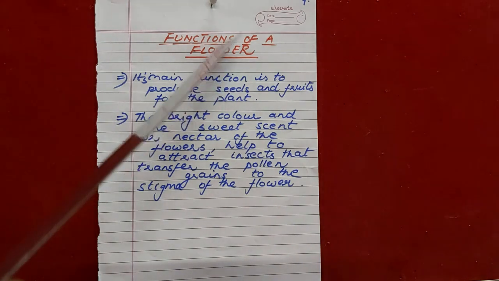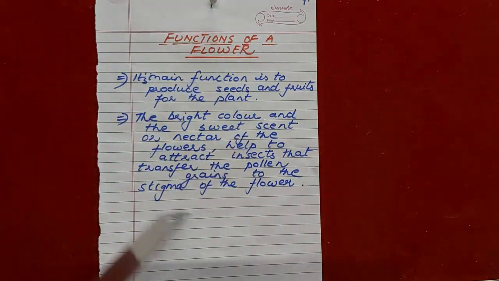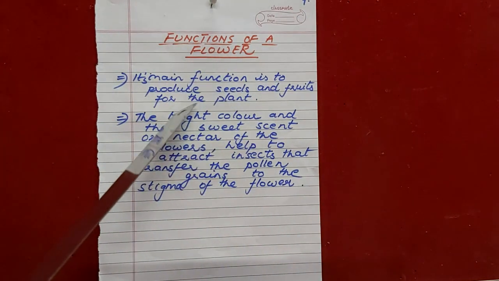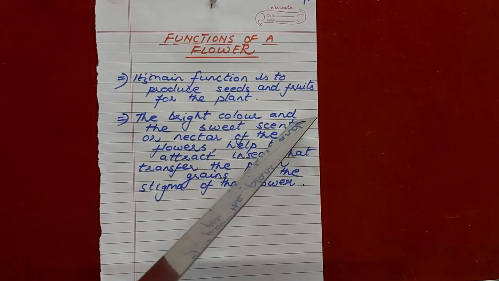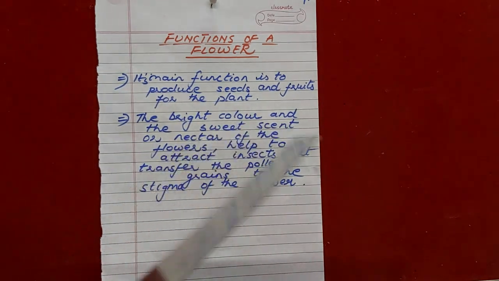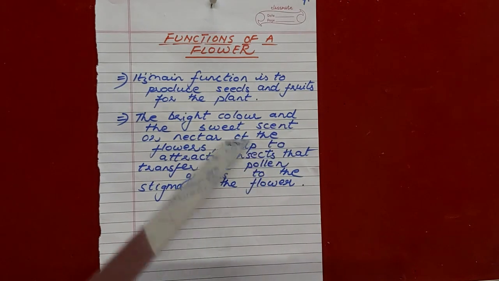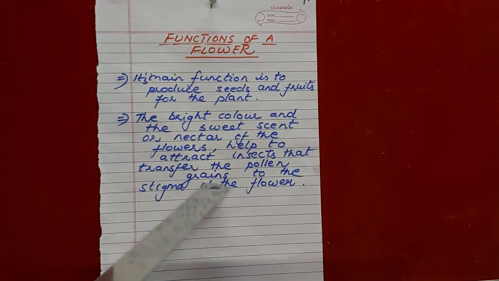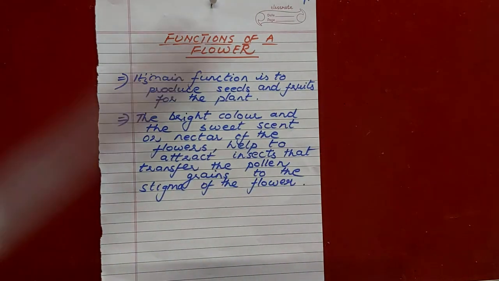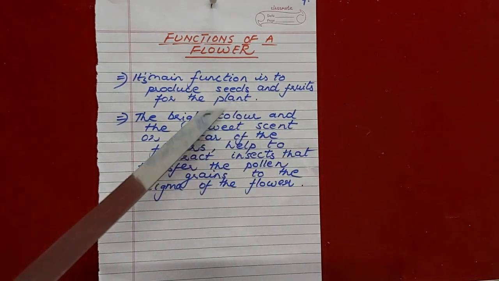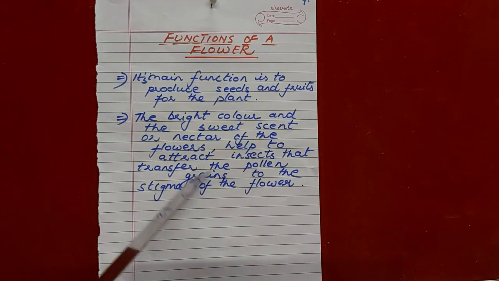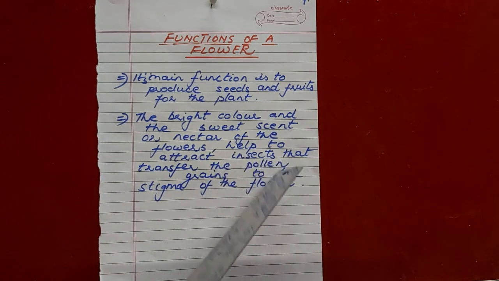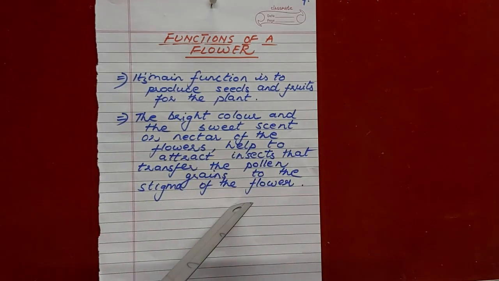Okay, and the second very important function of the flower is that the bright color and the sweet scent or nectar of the flower helps to attract insects that transfer the pollen grains to the stigma of the flower. I think you all must be knowing this process in which the pollen grains are getting transferred from one flower to another flower.